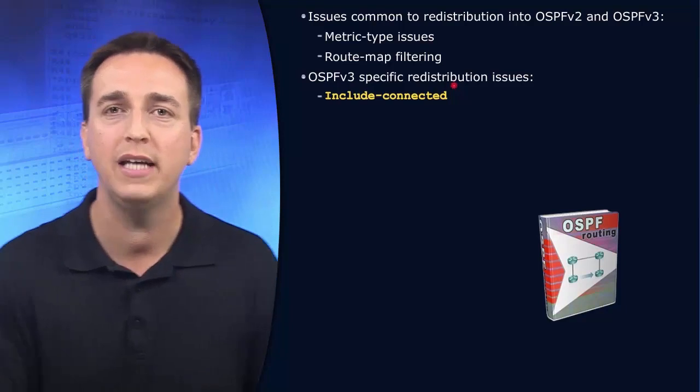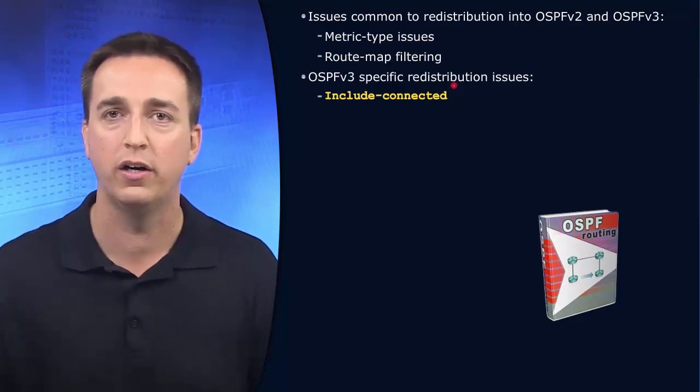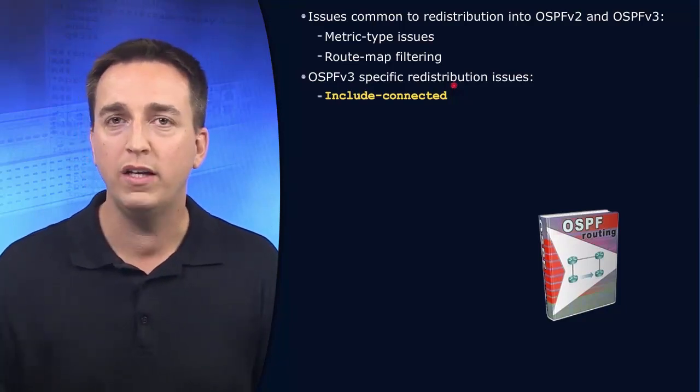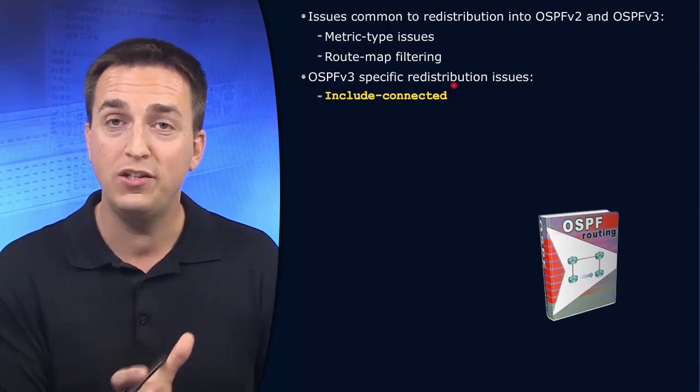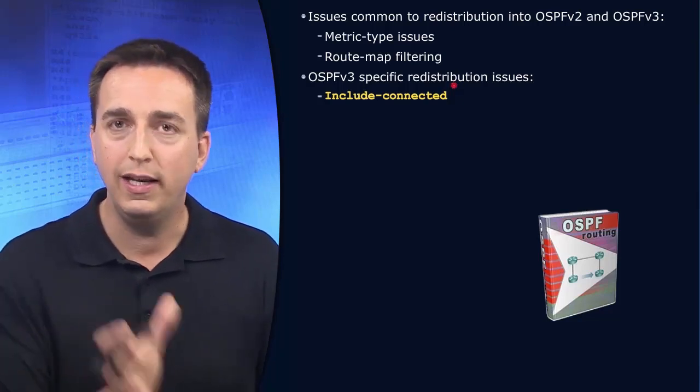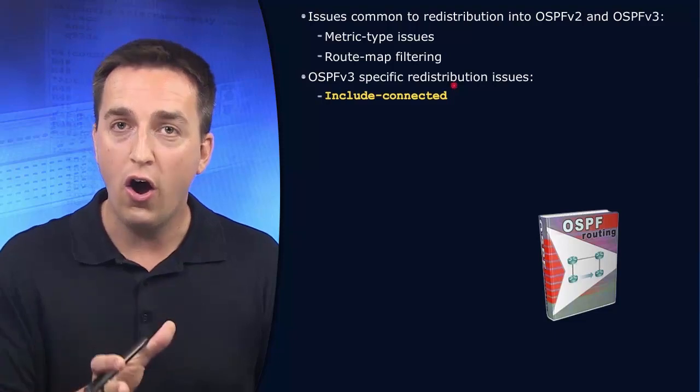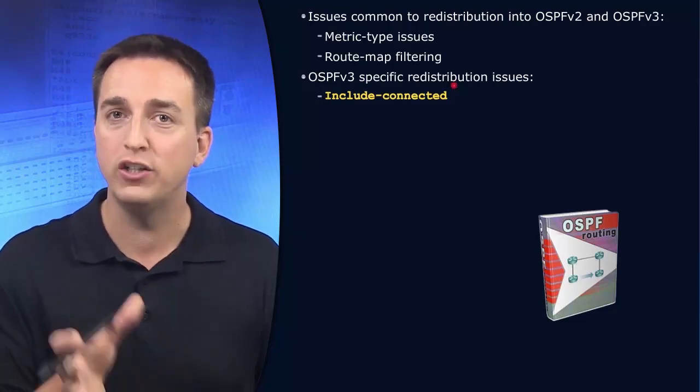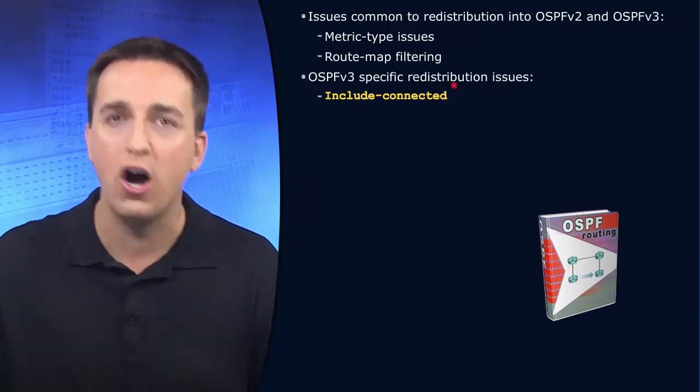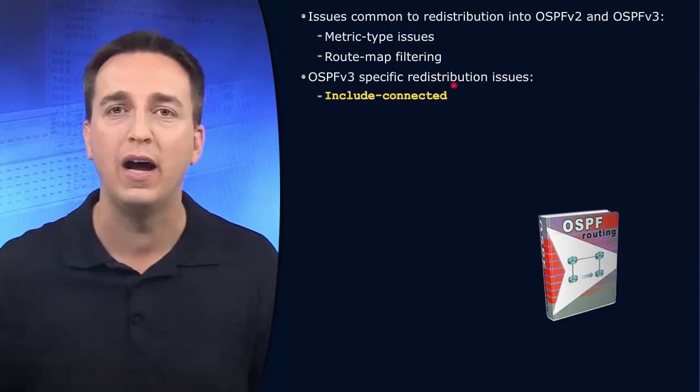However, with IPv6, OSPFv3, that does not occur. So with OSPFv3, if you're redistributing EIGRP into OSPF, the EIGRP interfaces on that redistribution router, well, their networks are not going to be redistributed unless you specify include connected.